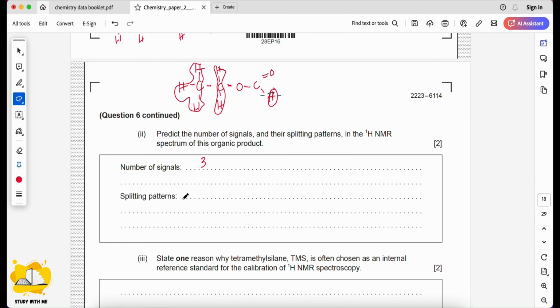And splitting pattern: singlet, because the next door carbon has no H attached. So this will be singlet.